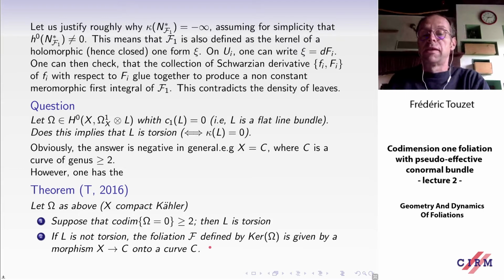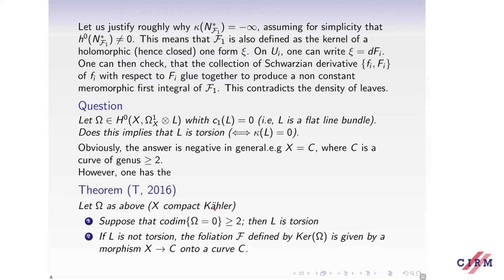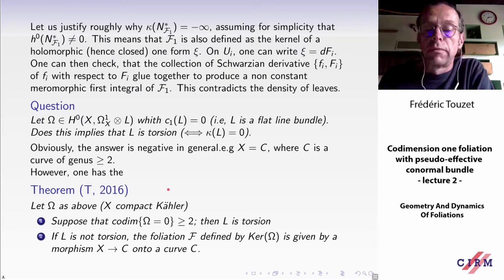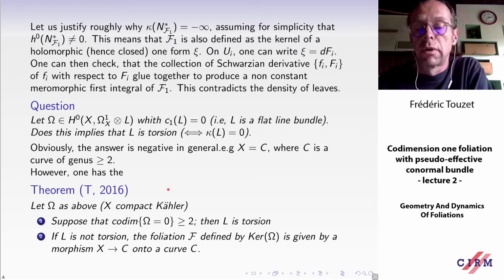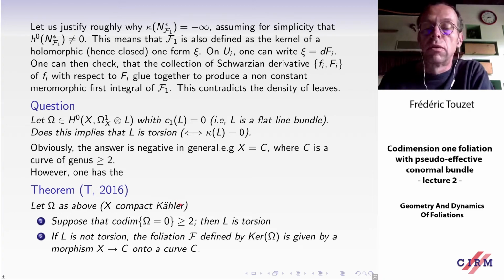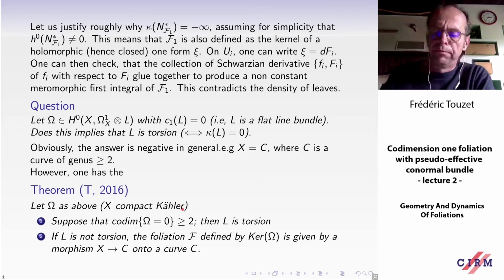More precisely, omega is nothing but the pullback of a form on a curve satisfying the property above. I will not explain why it is true, but only mention the ingredients. This essentially relies on the properties of the so-called Green-Lazarsfeld sets combined with the Lin semi-simplicity theorem.